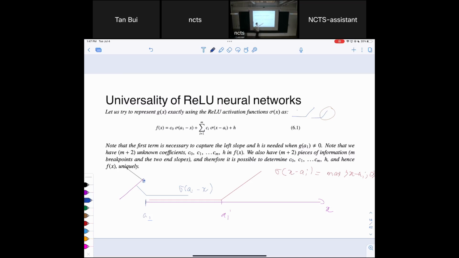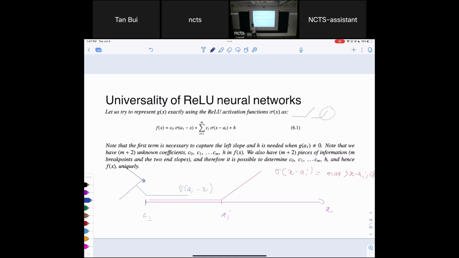What is the value of this red function at a1? It's 0. Clear, right? So all of these are 0 at a1. Without this constant, when x equals a1, this is 0 as well. So without this one, f of a1 equals 0.